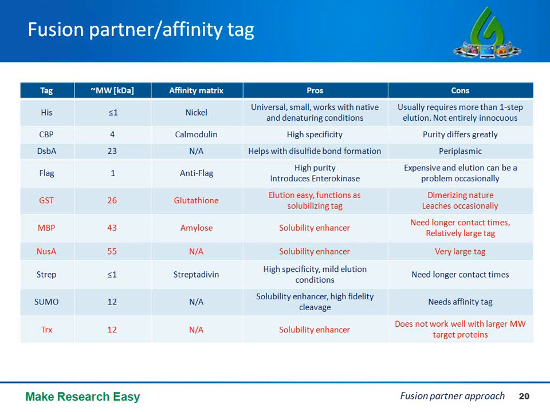So for example, solubility tags like GST, MBP, NusA, they have really strong translational initiation signals that can drive high level expression. So you need to be careful at times, because if you need low level expression, for example if you're studying protein complexes, it would not be advisable to use one of those tags. Then it would be better to go with a more stringent epitope tag instead.